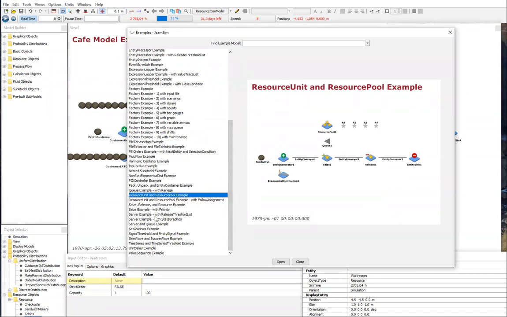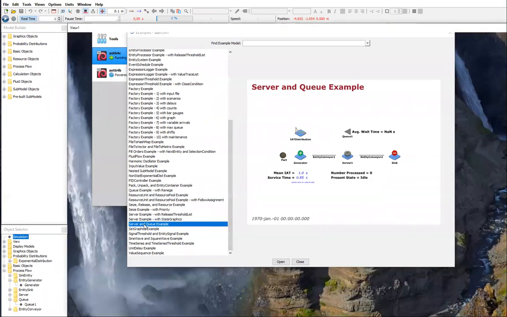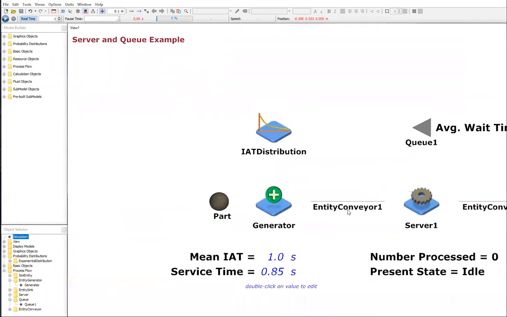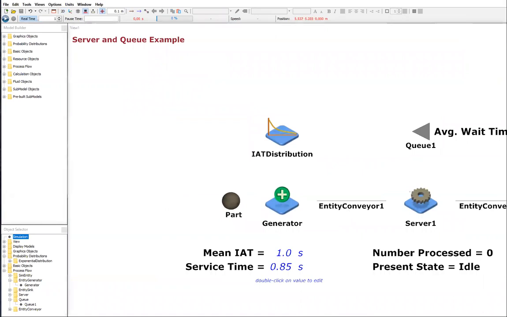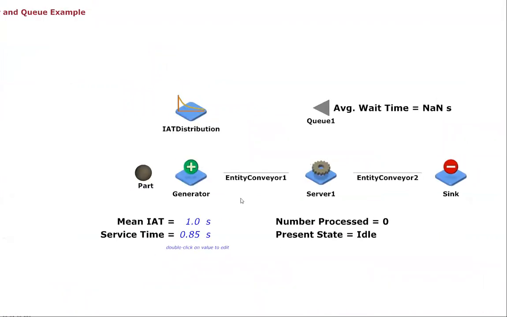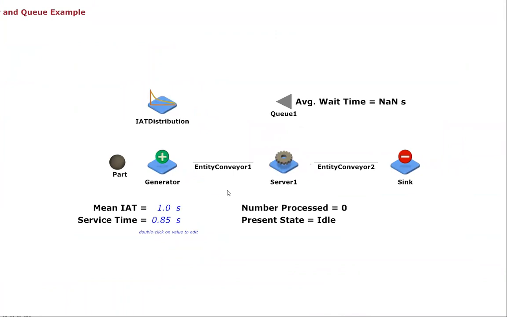Quite often you do much more simple things like a server and queue only. And the model looks like this only. You have a generator producing jobs randomly, and you have a server that services the job a little bit randomly, and a sink.